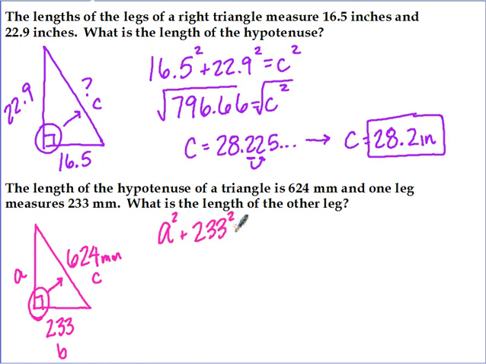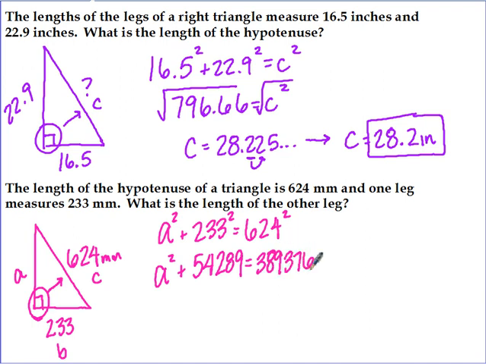And these numbers are going to be kind of big, but when I plug this into the calculator, we get 54,289. And then on the right side is 389,376. And so now I have to get A squared by itself.